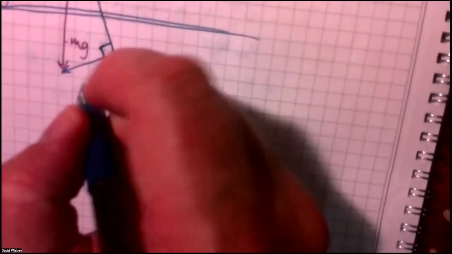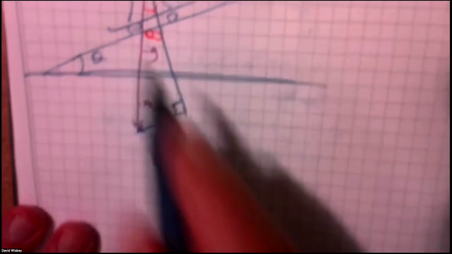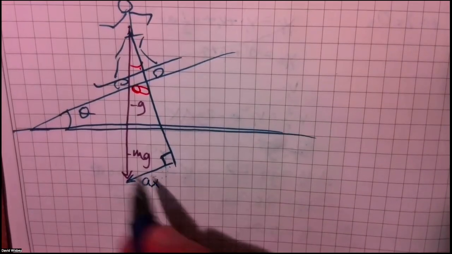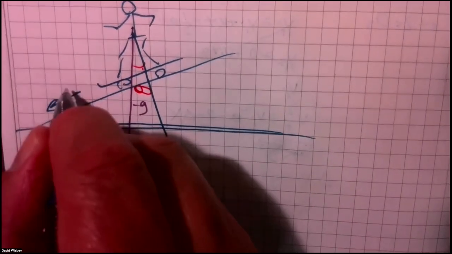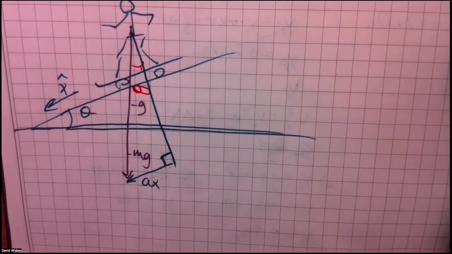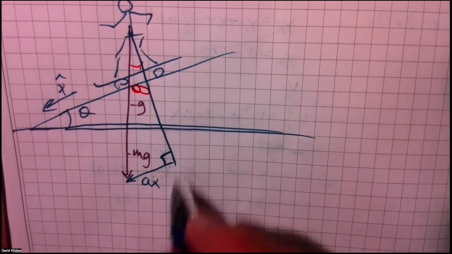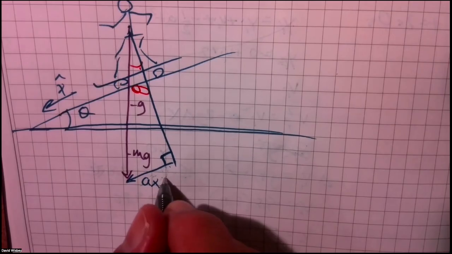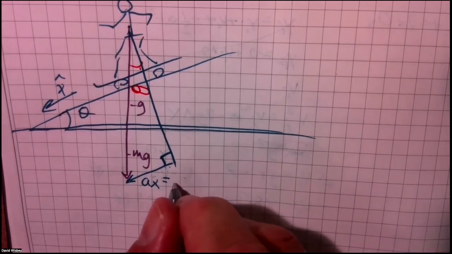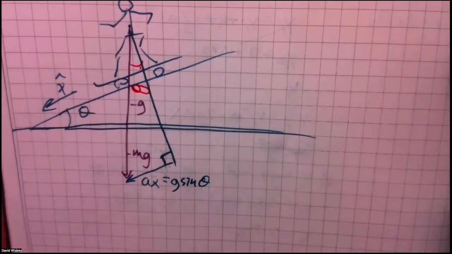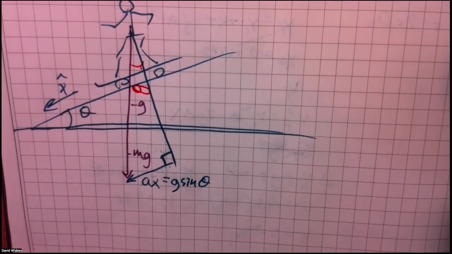So we're going to write this down now. Our hypotenuse, we're getting the opposite side, and this is going to be the acceleration in x. We'll call it ax, because we're saying that positive x now is pointing down the hill. This is going to be our acceleration, ax, and it's the opposite side of this triangle. And this is really important. It's going to be g times sine of theta.